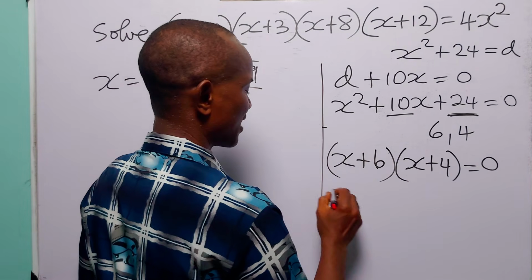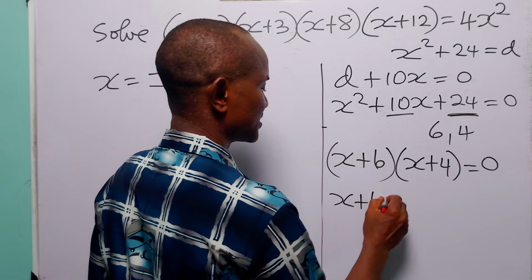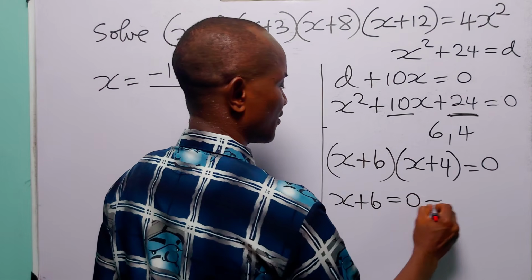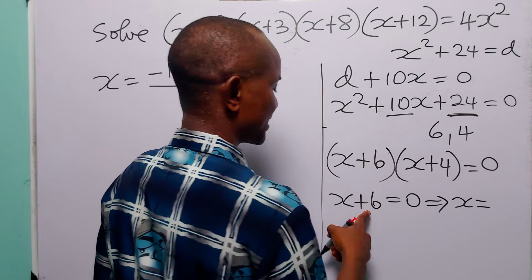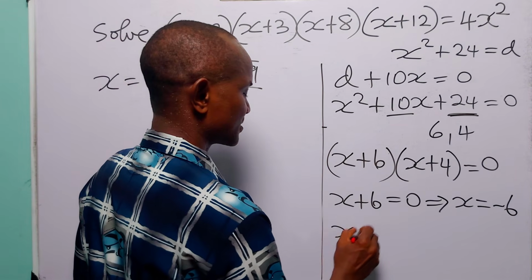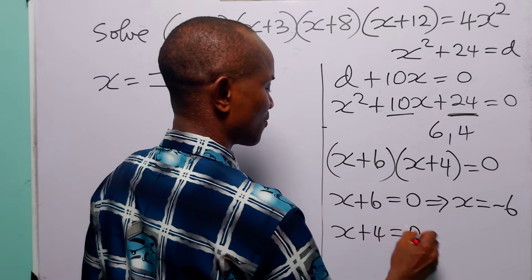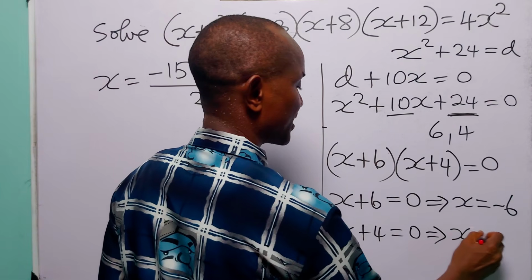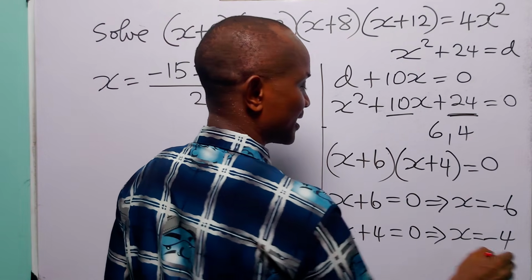And of course, from here, we have that either x plus 6 is equal to 0, from where x is equal to minus 6, or x plus 4 is equal to 0, from where x is equal to minus 4.